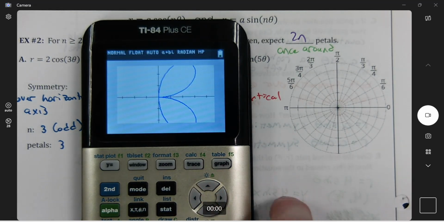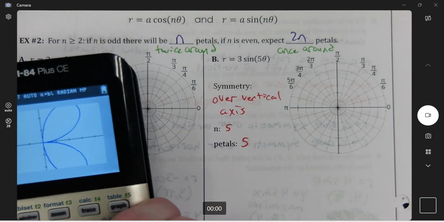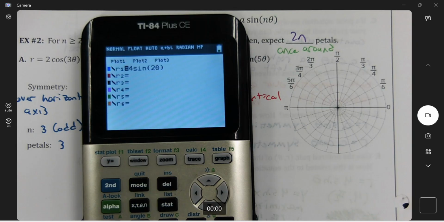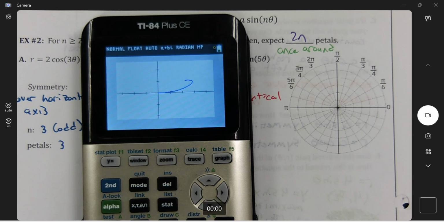I could just put it on a Desmos, but I'm not going to. What is this? 3 sine 5 theta? Oops. 3 sine 5 theta. Now let's see if we get 5 petals. And what is sine of 0 again? Zero. That means this graph had better start at the pole. It did. It started at the pole, and it moved in a counterclockwise motion the entire time.